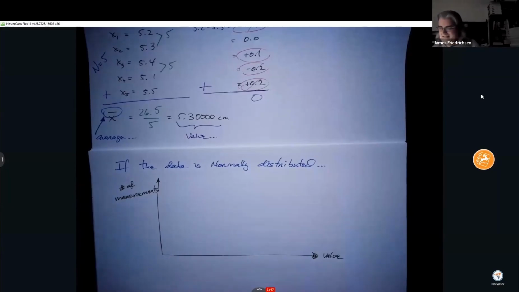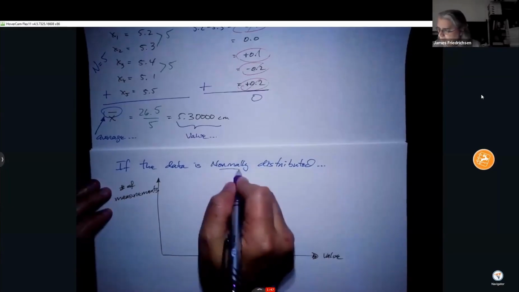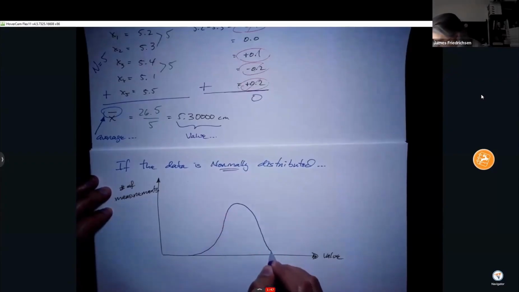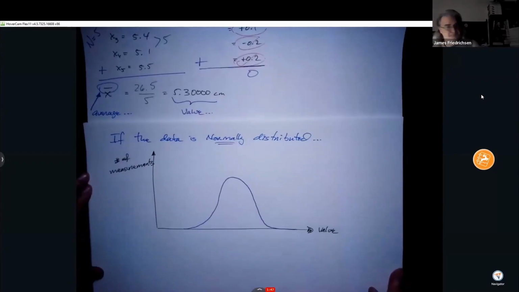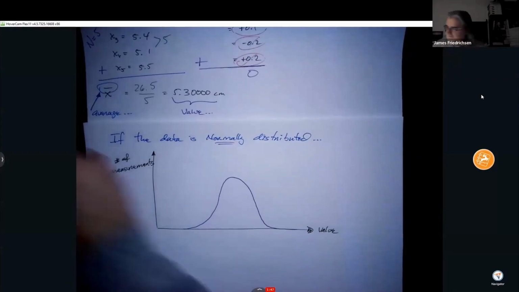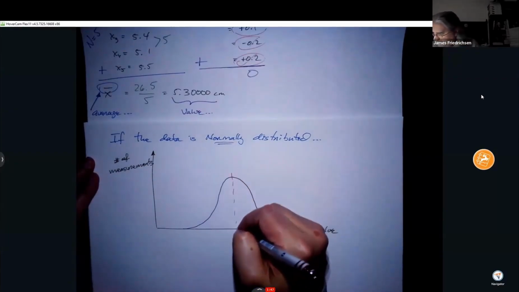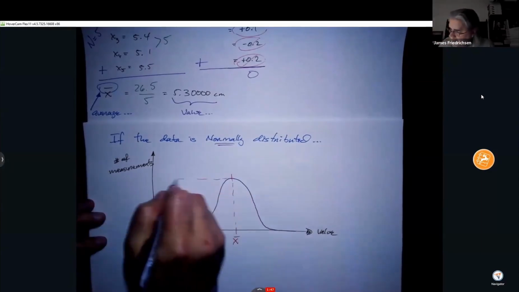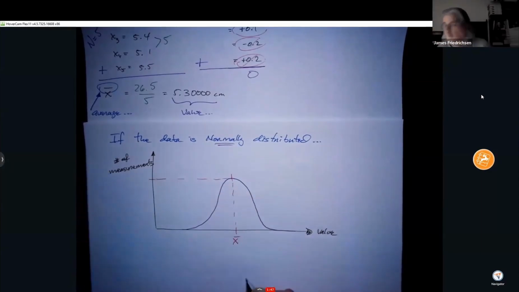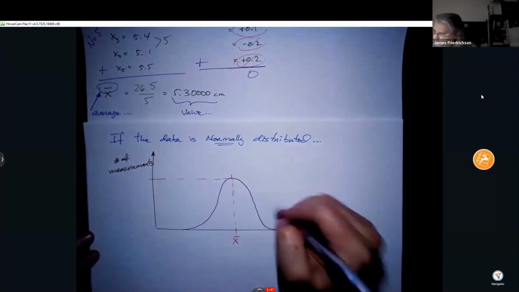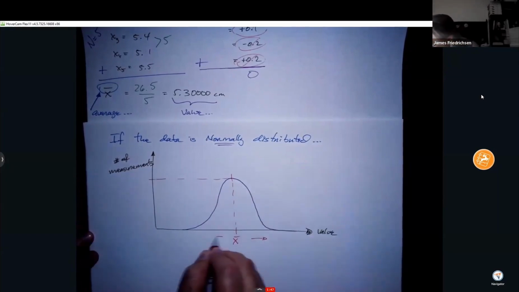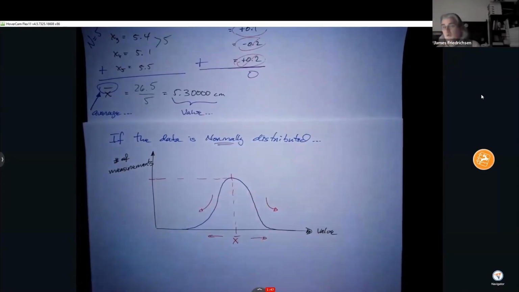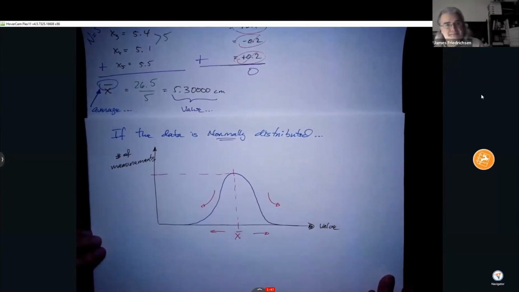Then if the data is normally distributed, it looks like that bell curve kind of idea, like so. And then this point here should be our average, the mean, and we should have the most data points at that point. As you move further away from the average, you get fewer and fewer data points. So this is a normal distribution of data.